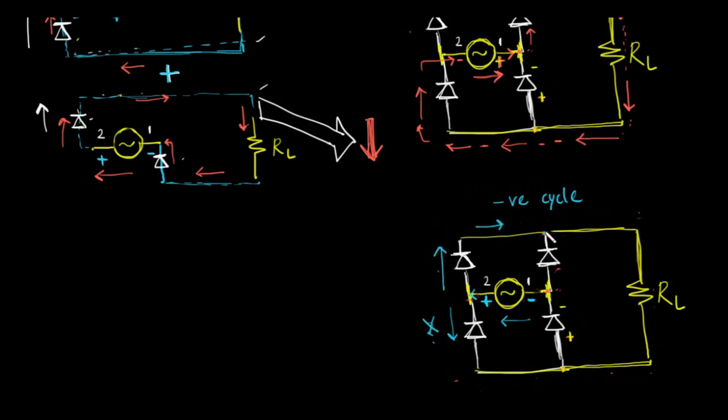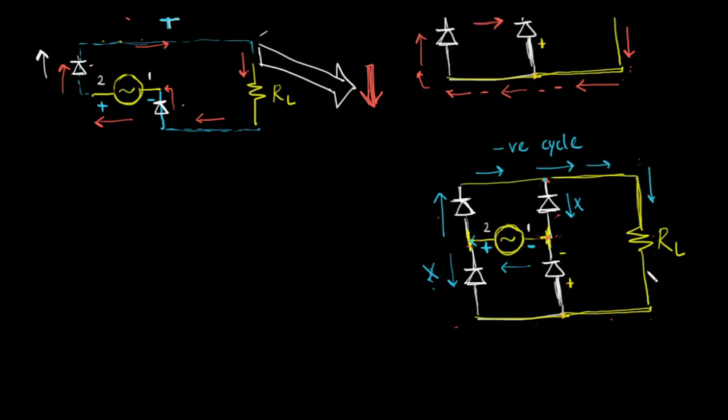Similarly, at this junction, this diode won't allow the current to pass. So the current will go forward, through this resistor, and come here. Since the current originated from terminal 2, it has to return to terminal 1.